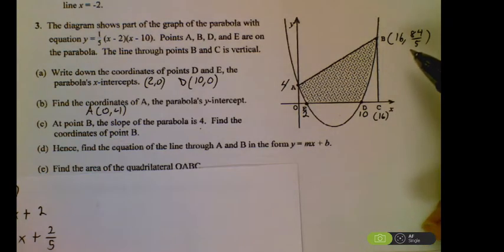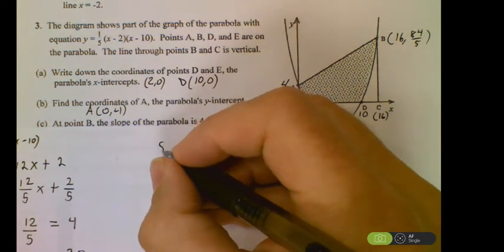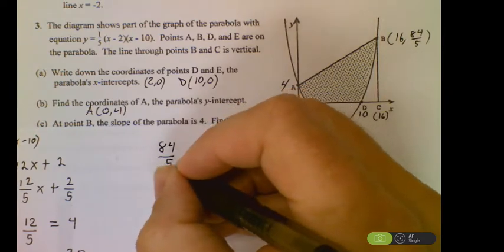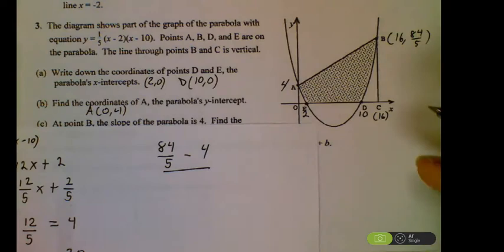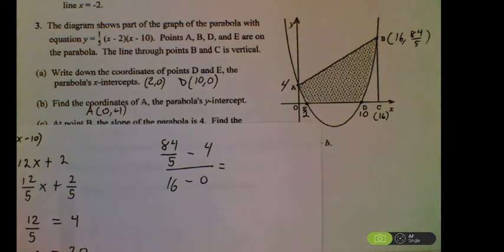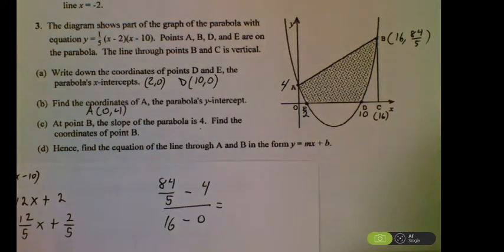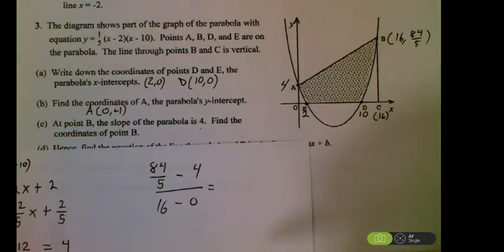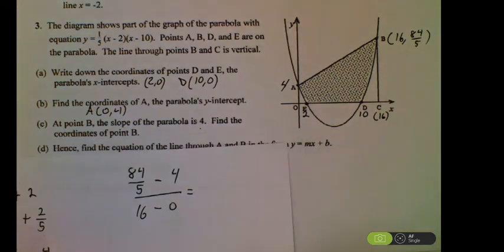If I just do y minus y over x minus x, I can get the slope. That's going to go in for m, 4 is going to go in for b, and you've got the equation of that line. You can work through the math on that; it's pretty simple to do.